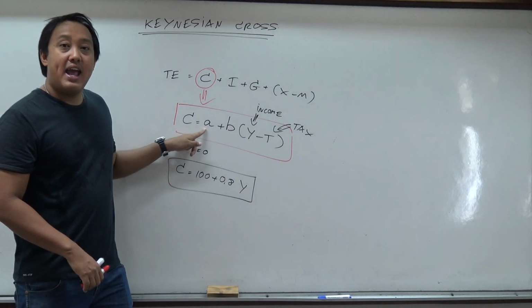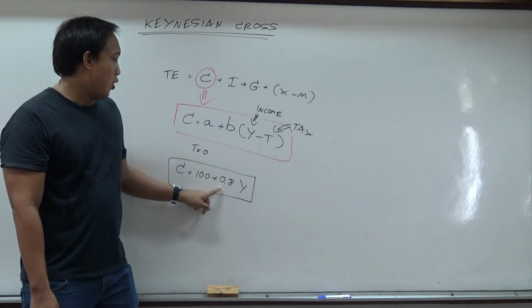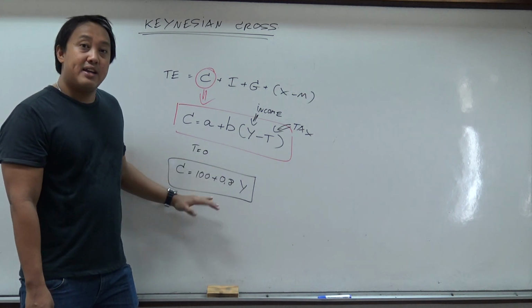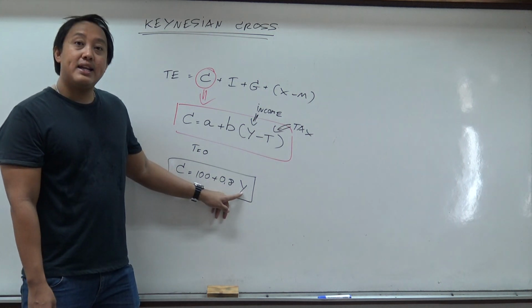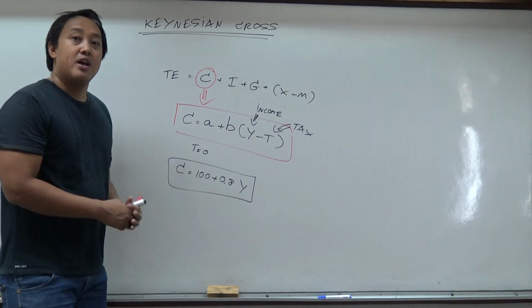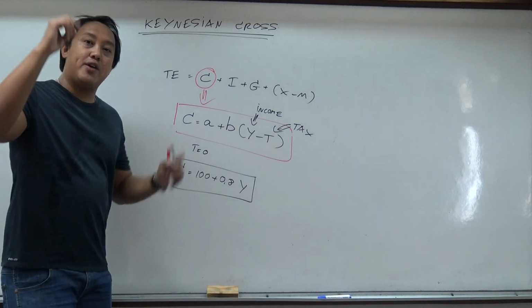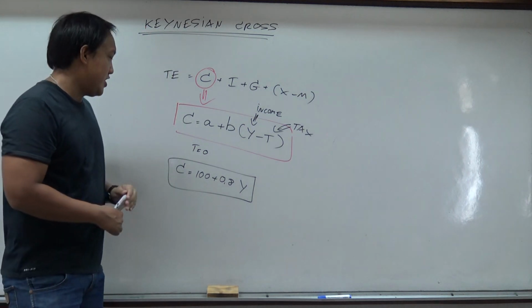If I set A equal to 100 and B equal to 0.8, what does this equation mean? It means income Y has a relationship with consumption C. The more income you have, the more money you're going to spend on consumption.